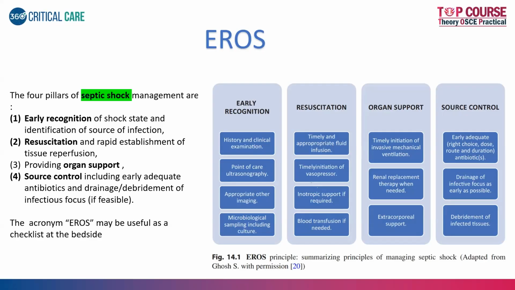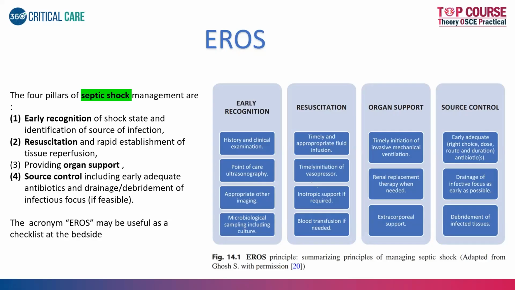What is EROS? It is a systematic approach to management of septic shock. It involves early recognition, resuscitation, organ support, and source control. In early recognition, we have history and clinical examination, point of care ultrasonography, appropriate imaging, and microbial testing.